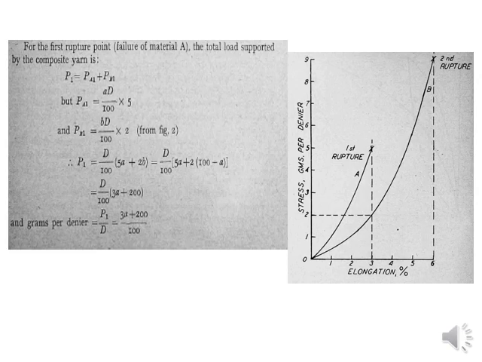So at the first rupture point, at 3% elongation, the total load supported by the composite yarn is P1, equal to PA1 plus PB1, the loads supported by fiber A and fiber B.